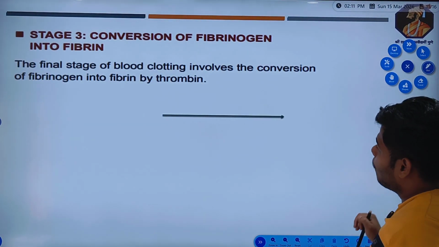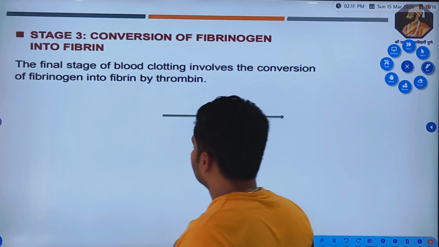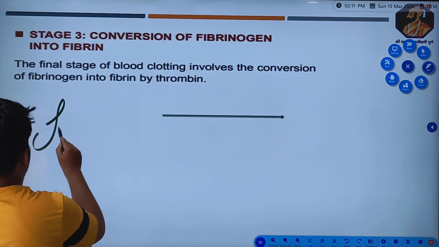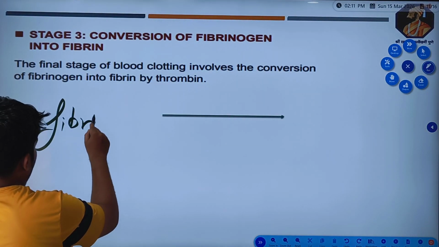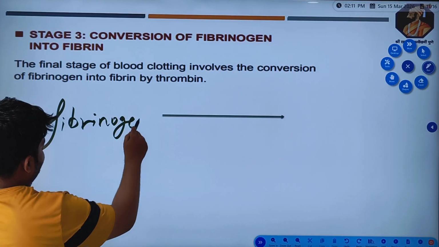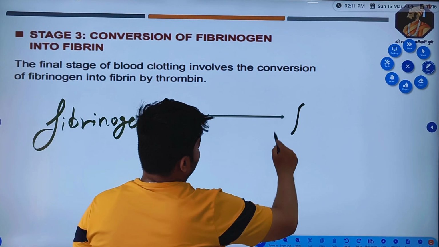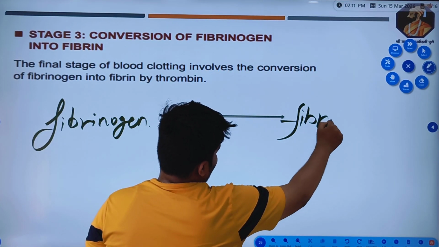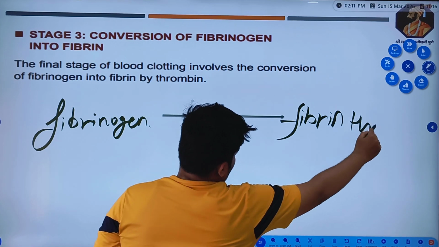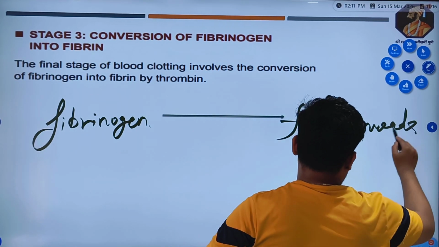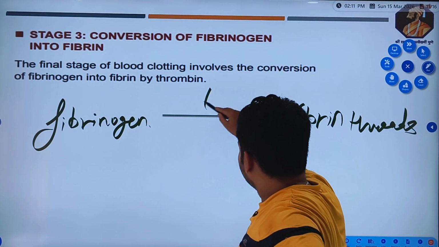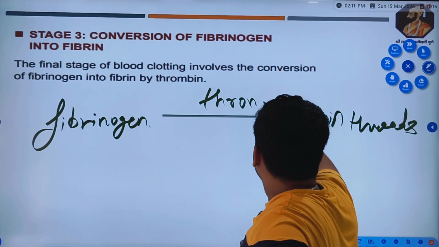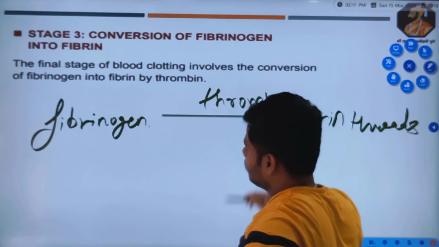Now what this thrombin does is convert fibrinogen to fibrin threads with the help of the enzyme thrombin, right?